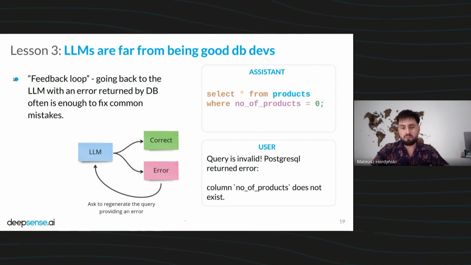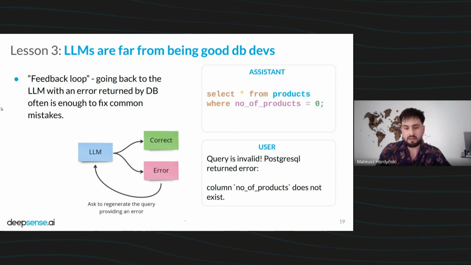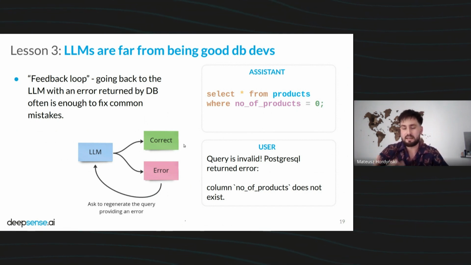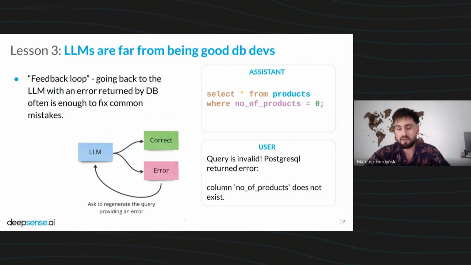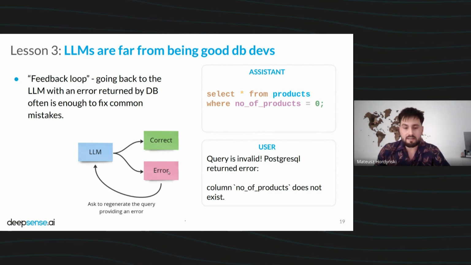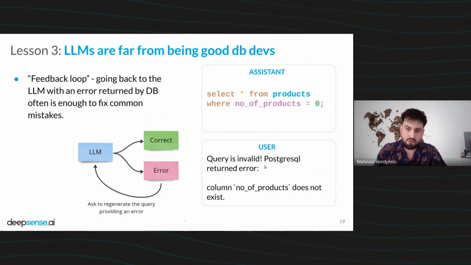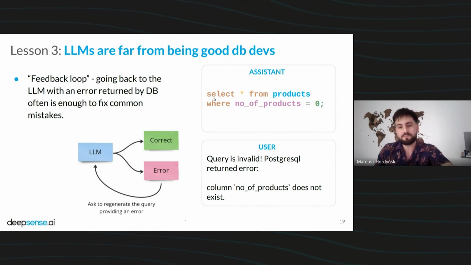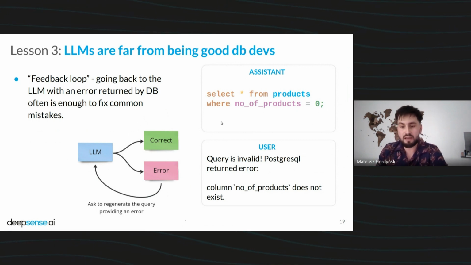So what we can do is ask the model first to generate its first guess. After that, we try the query. If it's correct and the database executed it and returned results, we just generate the answer to the user. But if the query is not correct, we can grab that error and ask the model to regenerate the query with the error in the context. Here we have another example: select star from products where number of products equals 0, and we got an error.